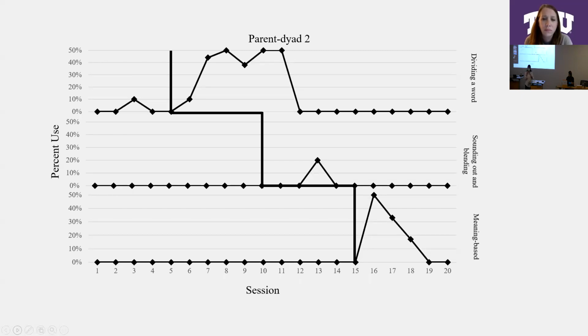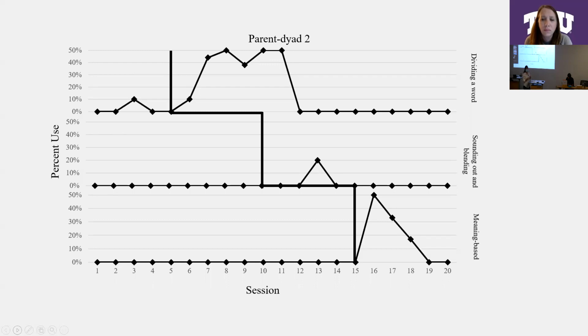So level and overlap looks at, visually, is the baseline different than the intervention phase? So if you put a horizontal line on that 10% point on that first line, you could definitely see that there was a level shift, that there was an increase after the intervention was implemented.